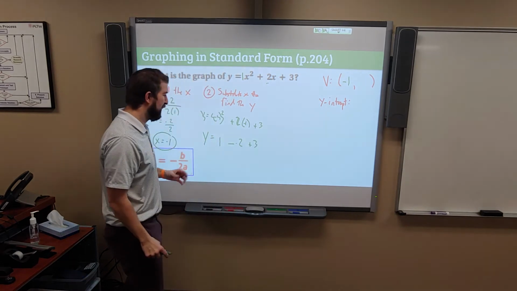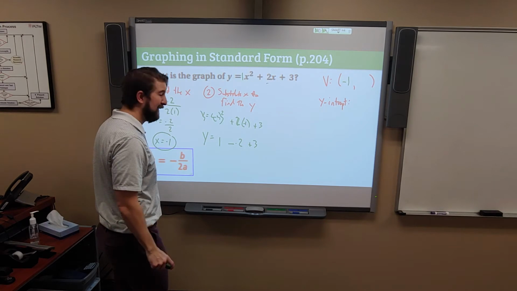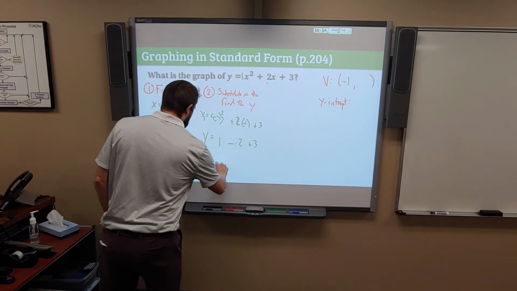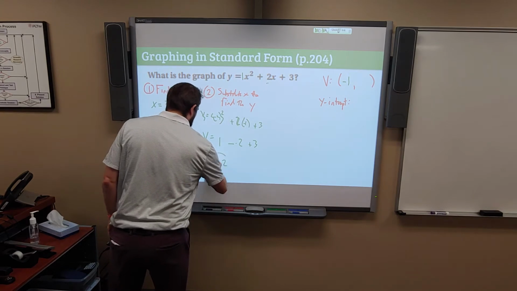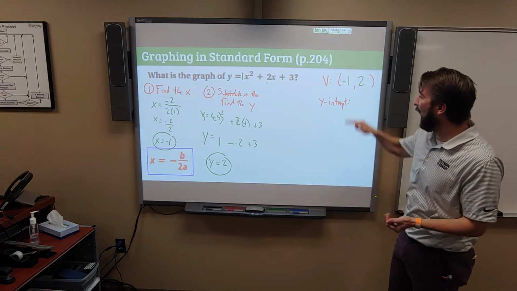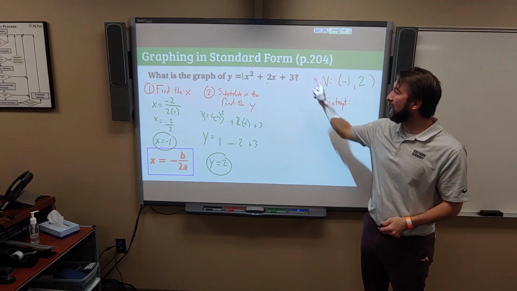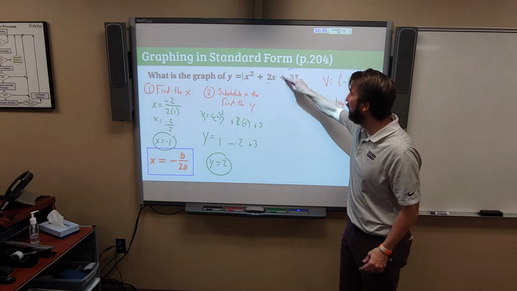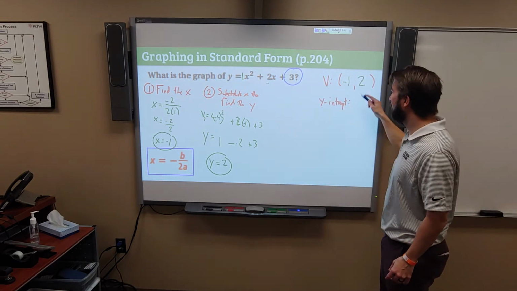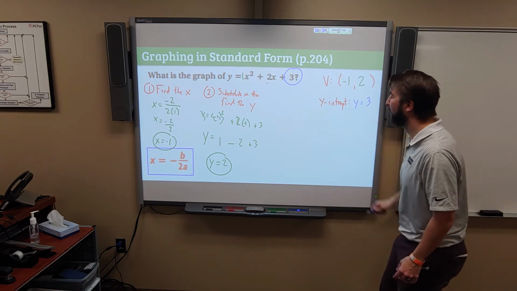Then you just simplify from there. 1 minus 2 is negative 1. Negative 1 plus 3 is positive 2. So y equals 2. I have my vertex, now I just need my y-intercept. And if you remember, the y-intercept is the c. So my y-intercept is at y equals 3.